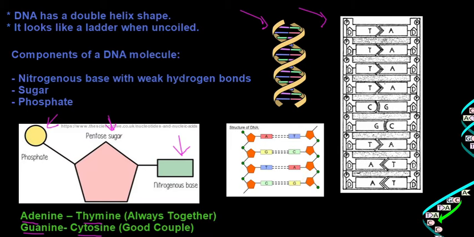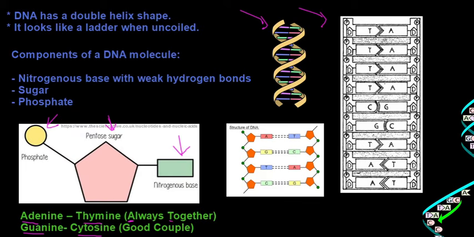So in the case of adenine, adenine can only bind with thymine, and guanine can only bind with cytosine. So cytosine will never bind with adenine or thymine, and adenine will never bind with guanine or cytosine, for example. And the way I remember which ones always go together is for adenine and thymine.